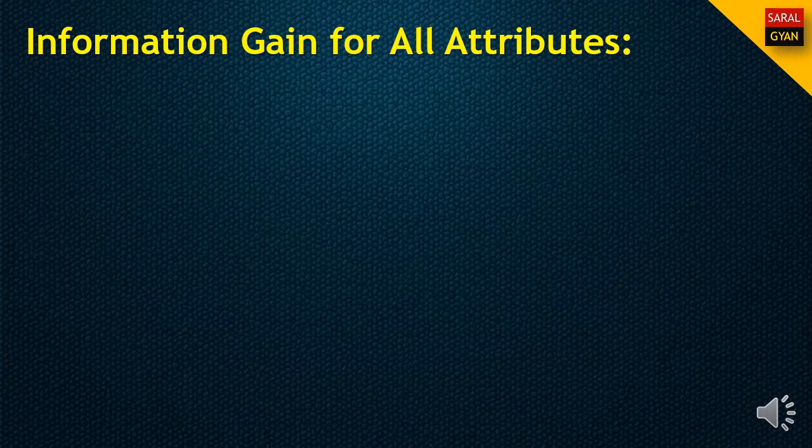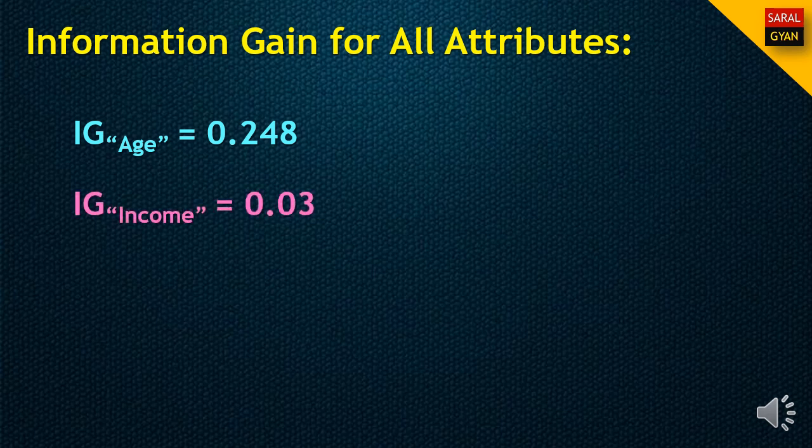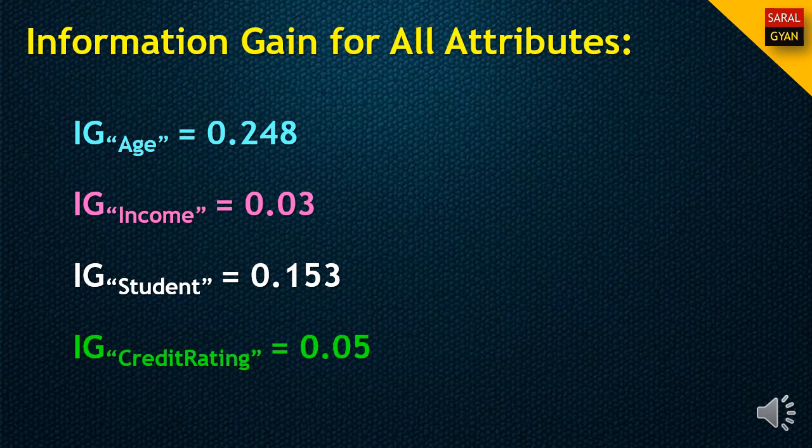So we have calculated the information gain for all the attributes. Let's look at them. Information gain for the attribute age is 0.248, for income it is 0.03, for student it is 0.153, and for credit rating it is 0.05. If we look at the information gain of all the attributes, the highest value is 0.248, that is for the attribute age.